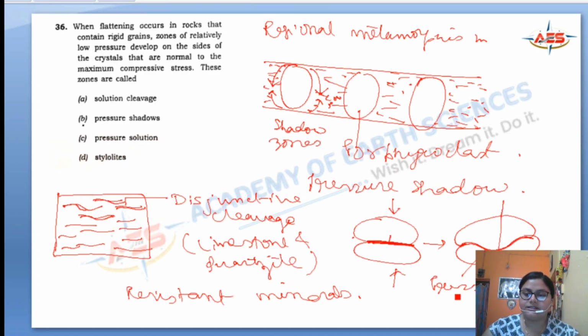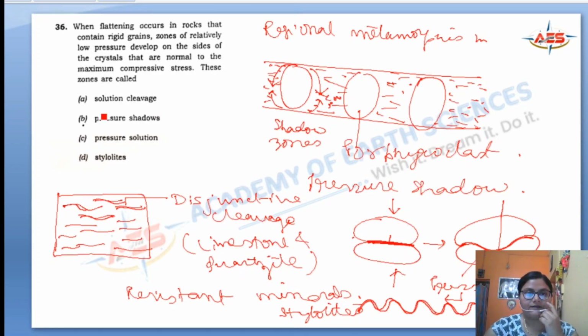This is called pressure solution. Another feature of pressure solution is that with continued zigzag grain contact, the features that develop are known as stylolites, and they generally form at deep burial conditions.